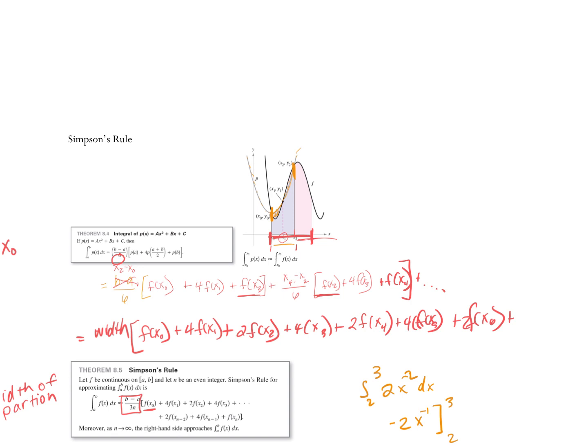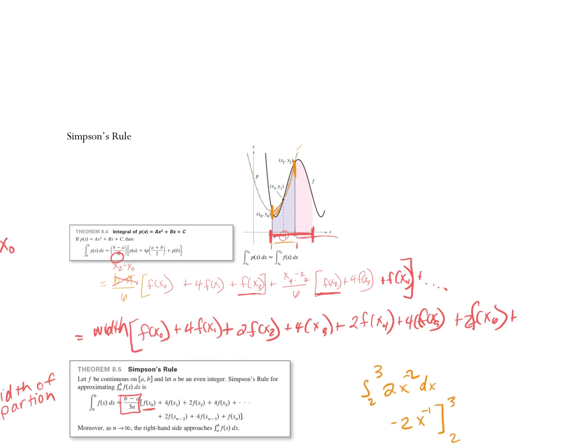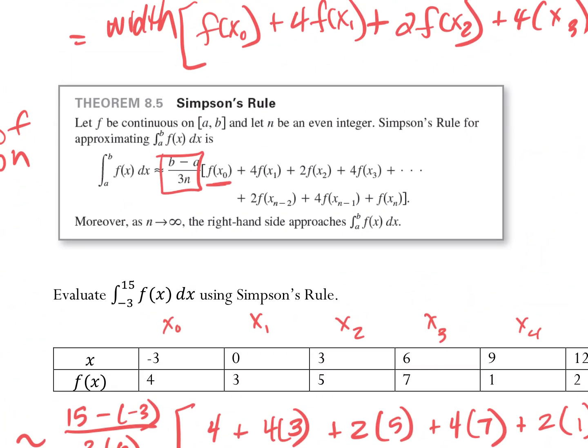Each parabola is 2 widths of these partitions, but we can just add them all as one. That formula accommodates for you only having one endpoint for each of the ends. And then the 2s and the 4s accommodate for all of that adding and things being used more than once.